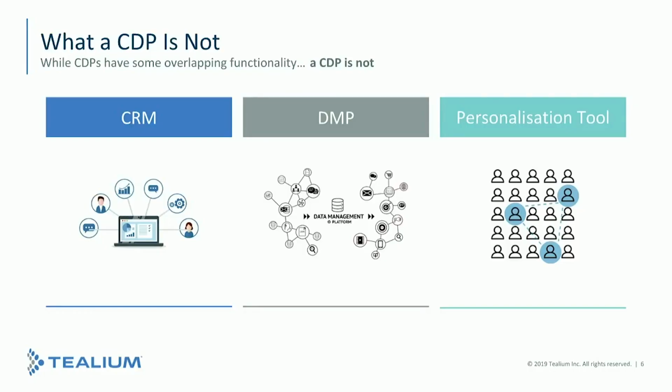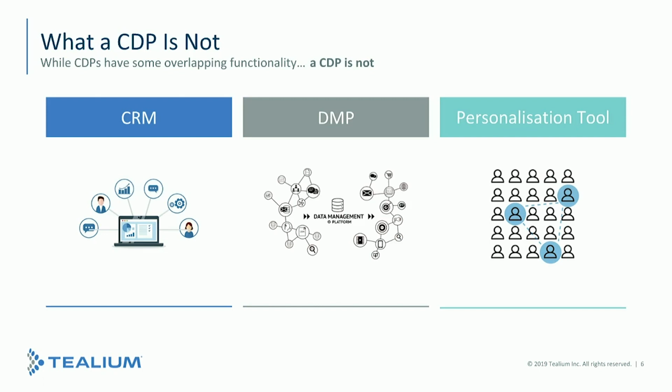So I thought we'd start with not what is a CDP, but let's take out some of the other technologies that have existed in the ecosystem that people sometimes interpret as being the function of a CDP. I'm going to look at 3 prime tools that marketers use today, potentially for the experience layer, the experience that their customers actually get from their brands.